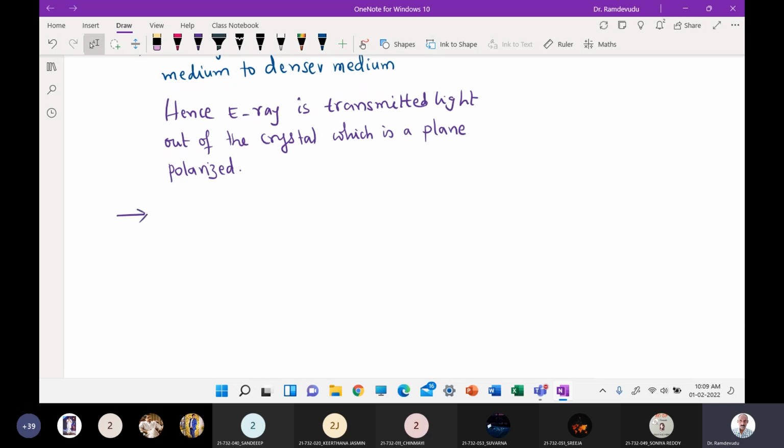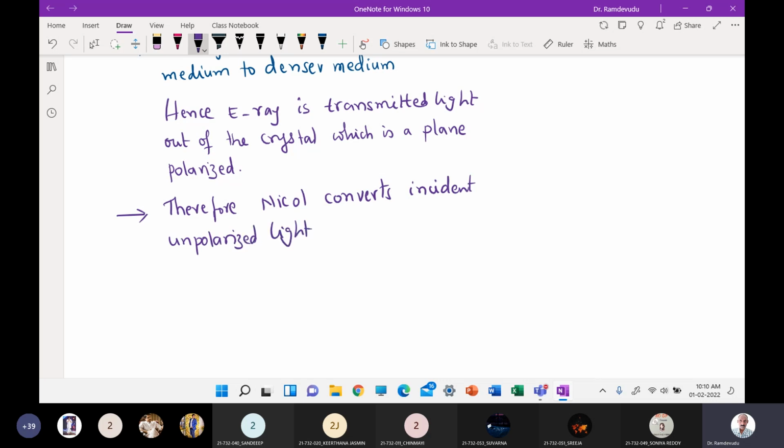Therefore, the Nicol prism converts incident unpolarized light into plane polarized light.